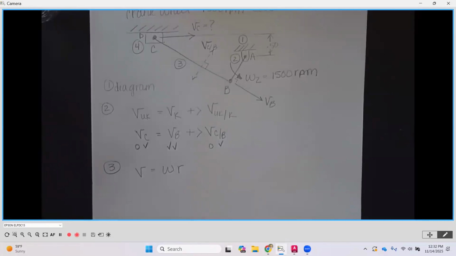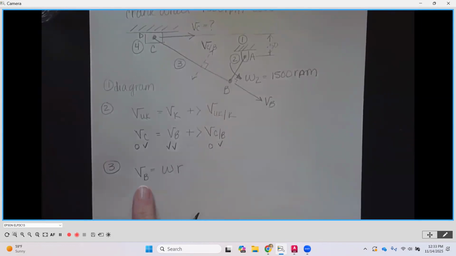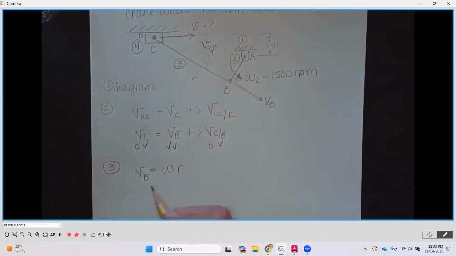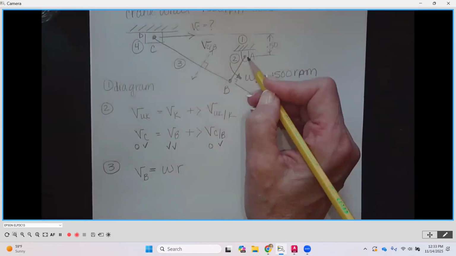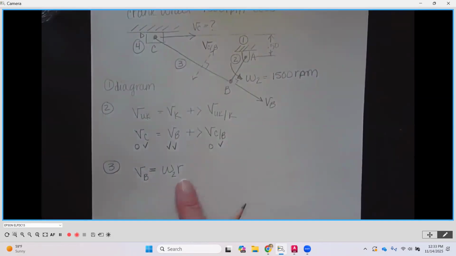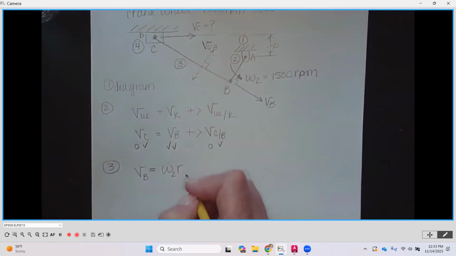So as we look here, we want to find the straight line velocity of point B. Since point B is rotating on link number 2, we are going to use the angular velocity of link number 2, and then the distance from the center of rotation out to point B is going to be that radius.